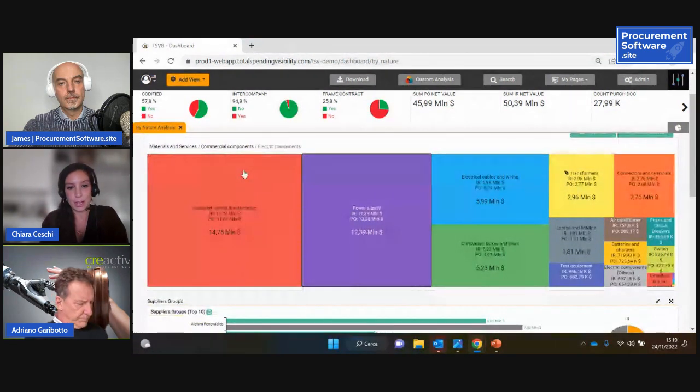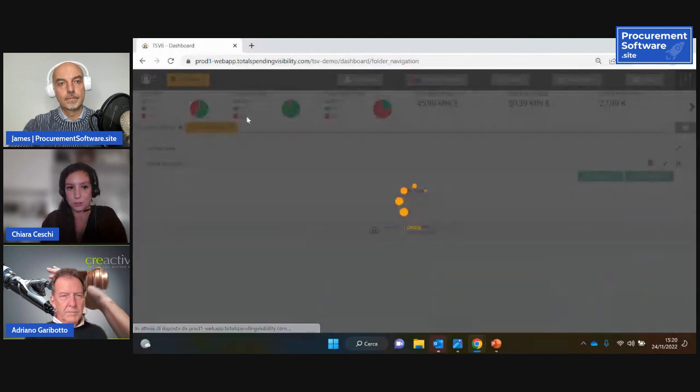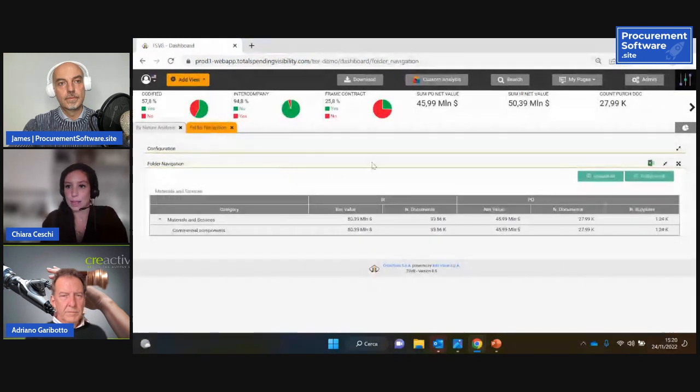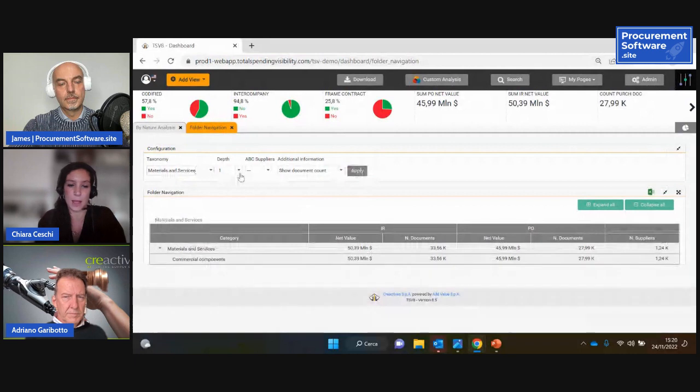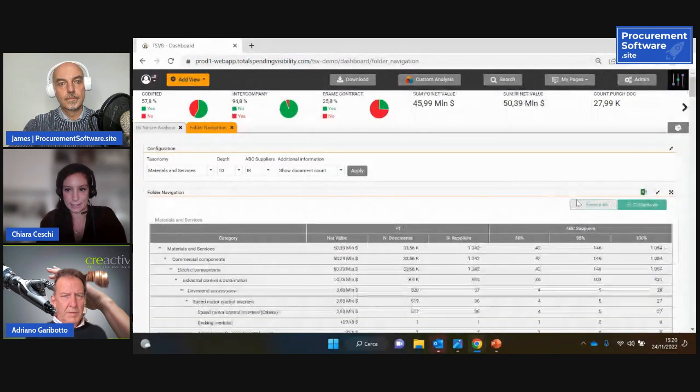This view of the taxonomy, of the components of the taxonomy, can also be added by the folder navigation. So in this case, we can see up to any level possible that we have in the taxonomy. We can analyze the spend of the invoices, for example, and we can expand the analysis.